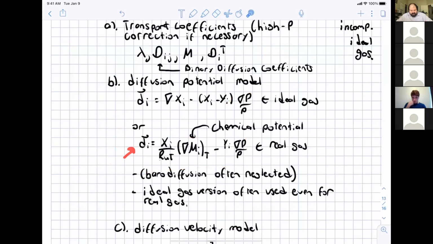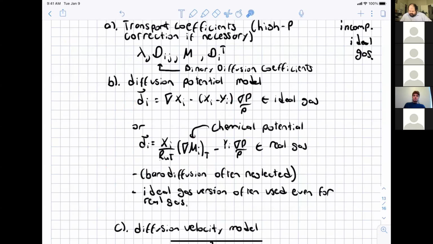As you will find out in problem 3 or 4, I can't remember which one, this term absolutely explodes into a big giant mess. And so what happens is most folks who model this will basically wind up using the ideal gas form of the diffusion potential, which can cause problems.